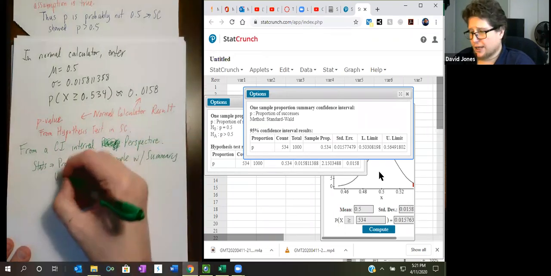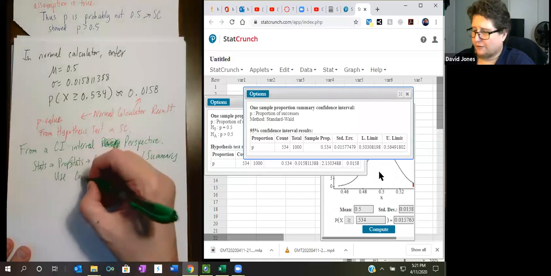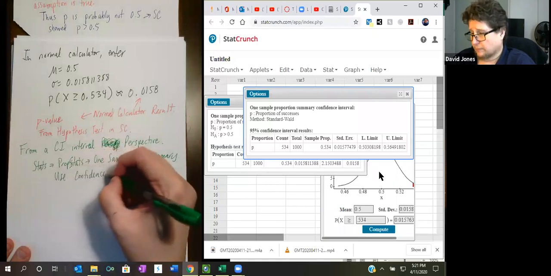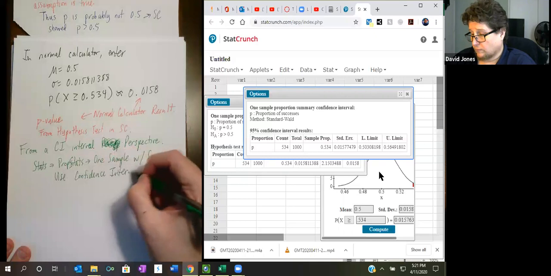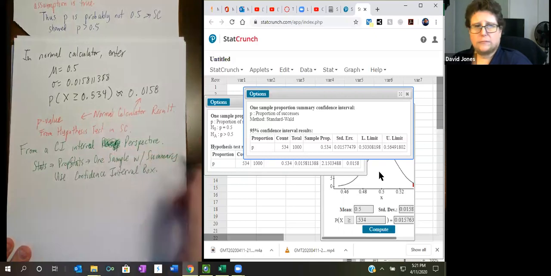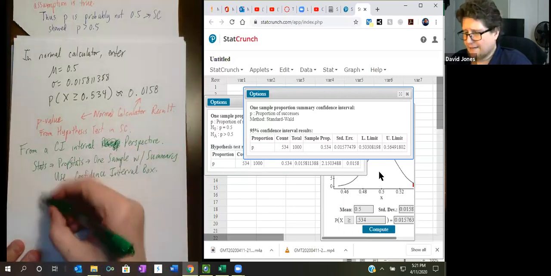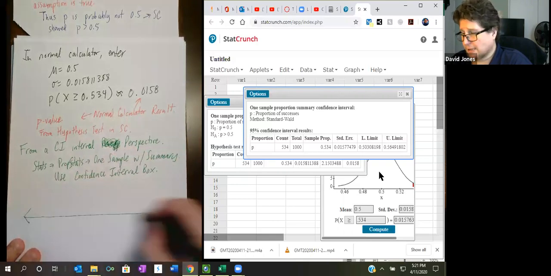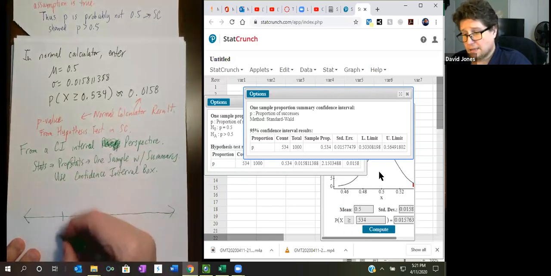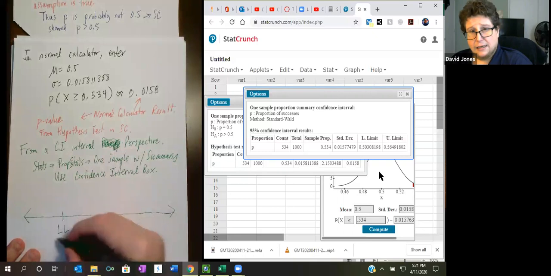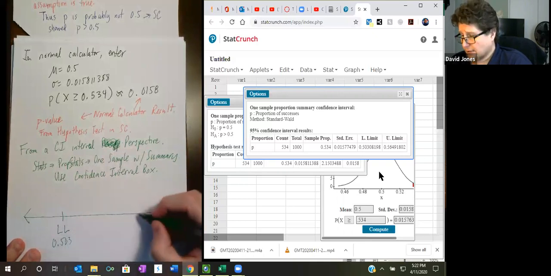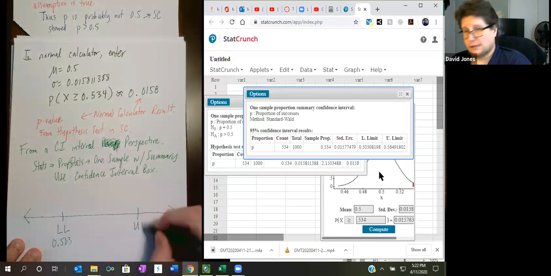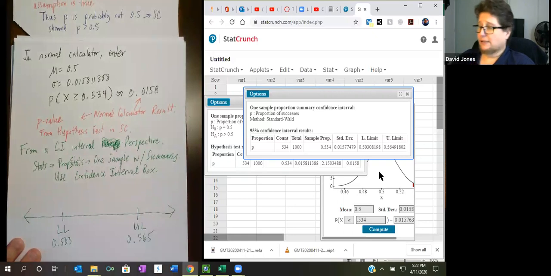This time use the confidence interval box. It gives us a lower limit of 0.503 and an upper limit of 0.565.